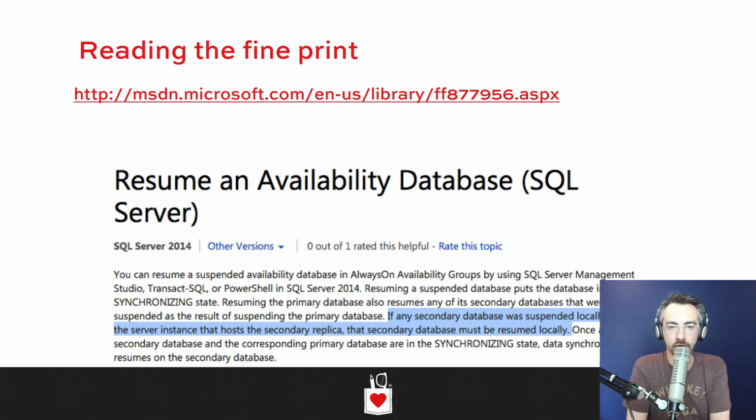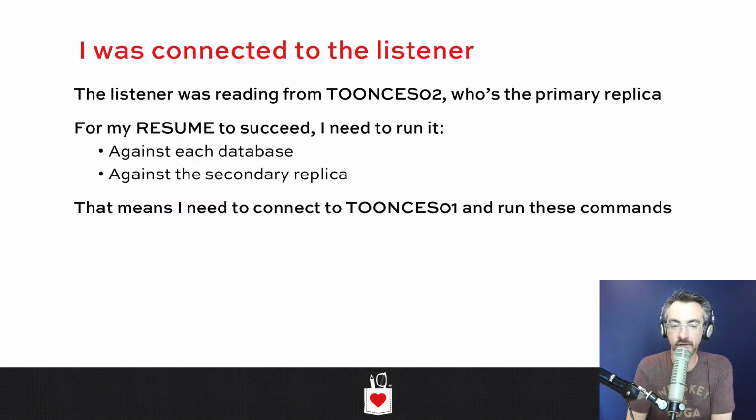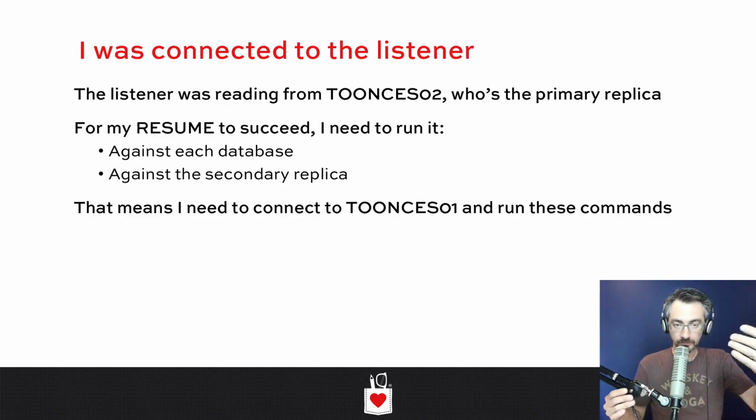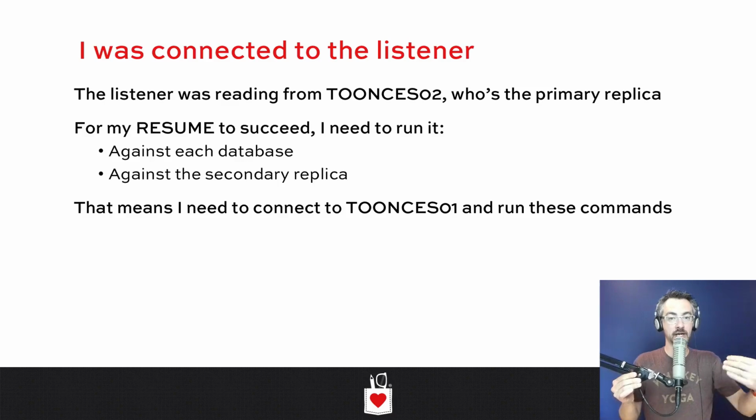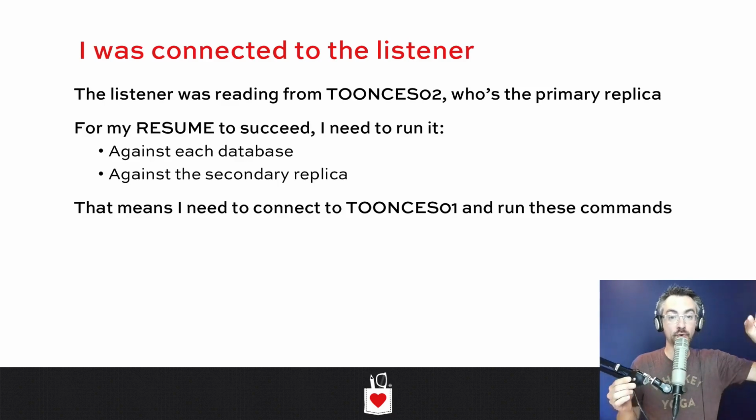It's normal to run your availability group commands on the listener because we usually just think of the listener as the place we need to go communicate. But when I'm forcing data to start flowing through again, I actually need to run this on every replica that's involved to say, yes, start sending database transactions through from the primary.